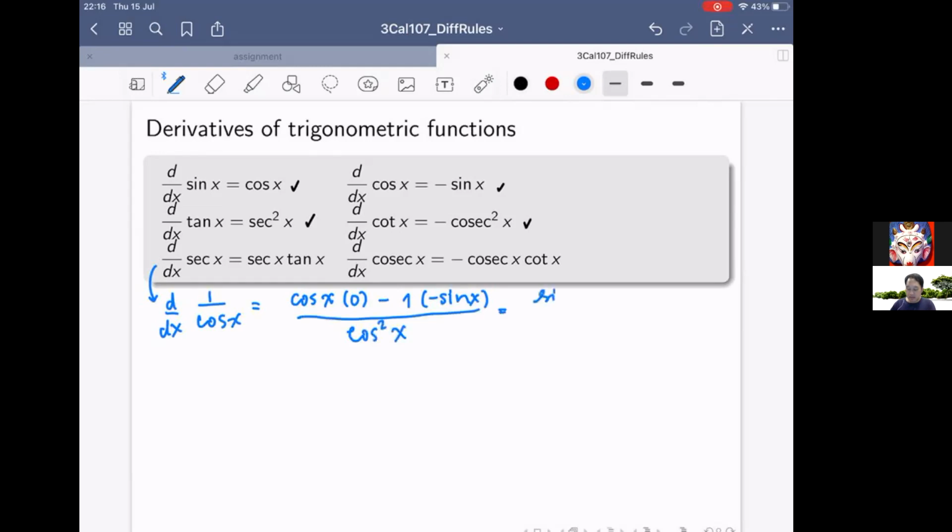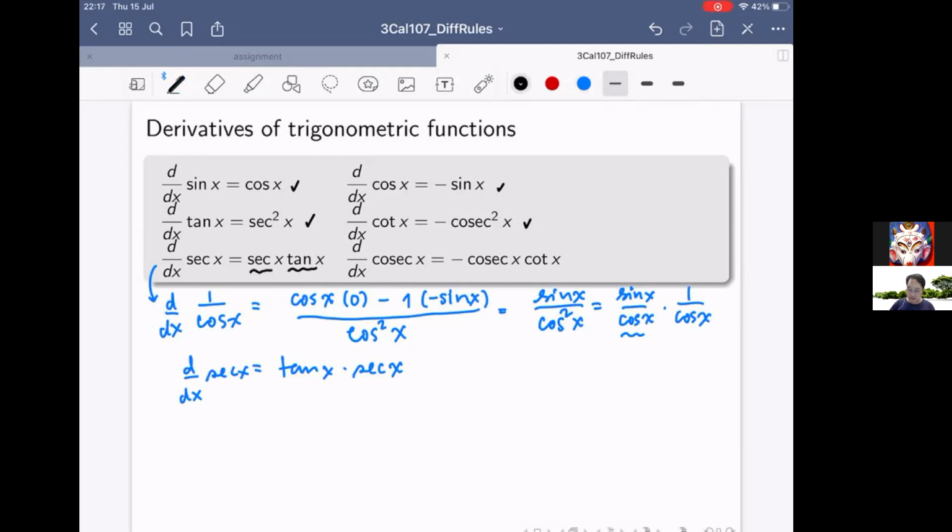So it happens to be sine of x over cosine squared of x, or you can look at it as sine over cosine and 1 over cosine, which will give you a what? Sine over cosine becomes tangent, right? And 1 over cosine becomes secant. So it means that the derivative of a secant becomes two functions multiplied: one of them is secant and the other is tangent.